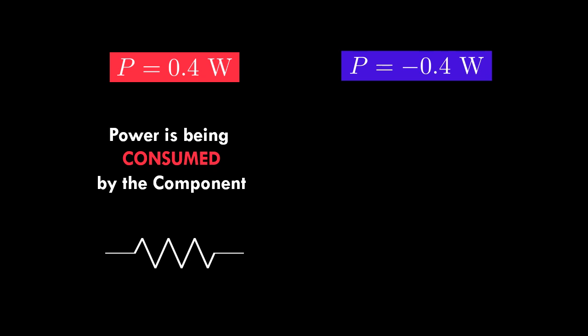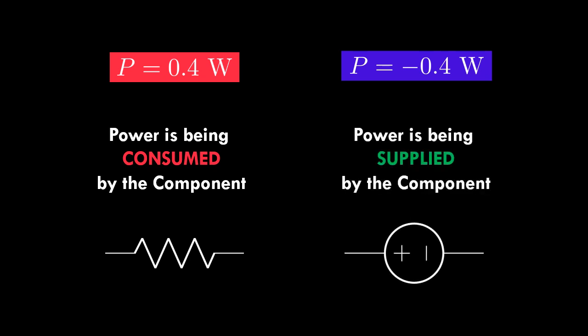On the other hand, negative power means it supplies electric power to the circuit. For example, voltage source was supplying power to the circuit. The battery in your remote control supplies power to the electronics. So it's really handy when you can just see whether the power is negative or positive and can instantly tell whether it's supplying power or consuming power.